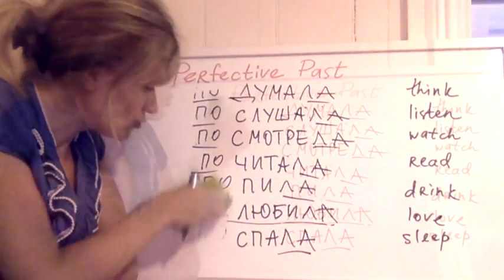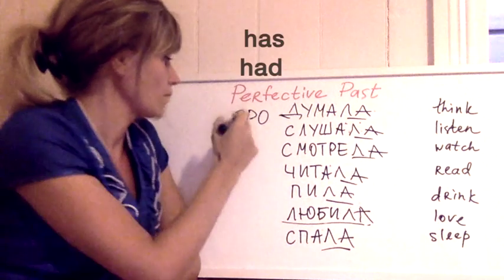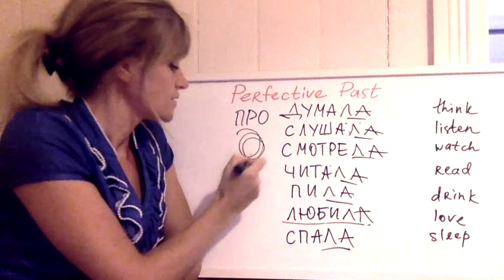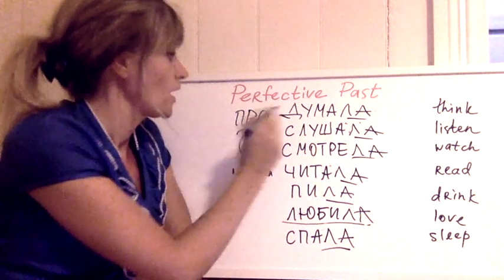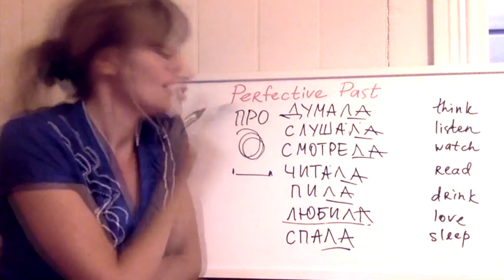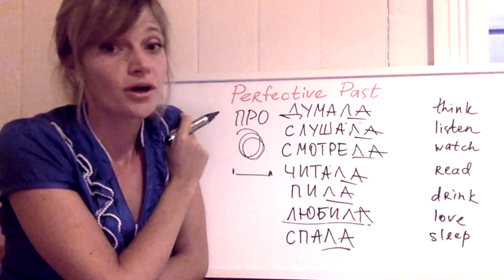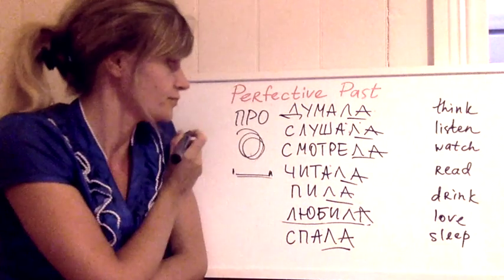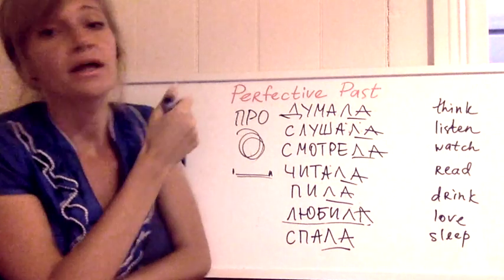Let's change it to pro. Pro, like a propeller, something thoroughly, something from one point to another point. Продумала. She not just thought, she thought it through. Прослушала. For example, this is your disc.